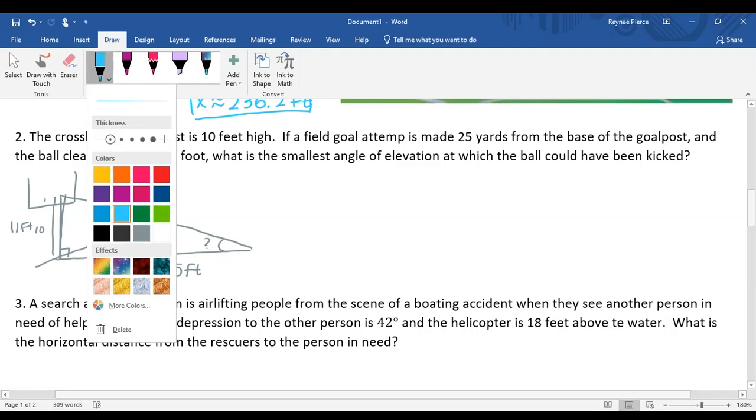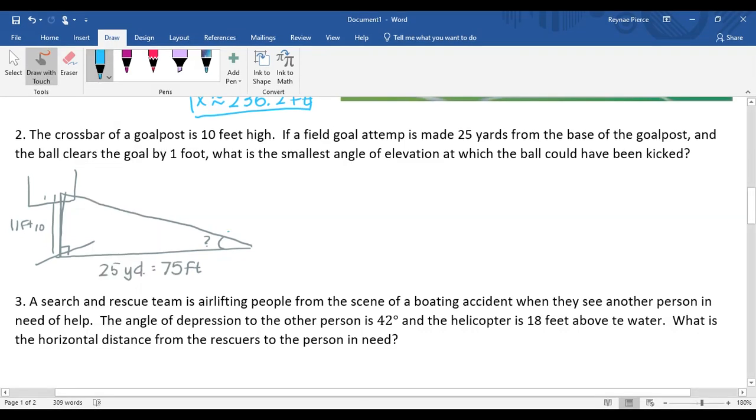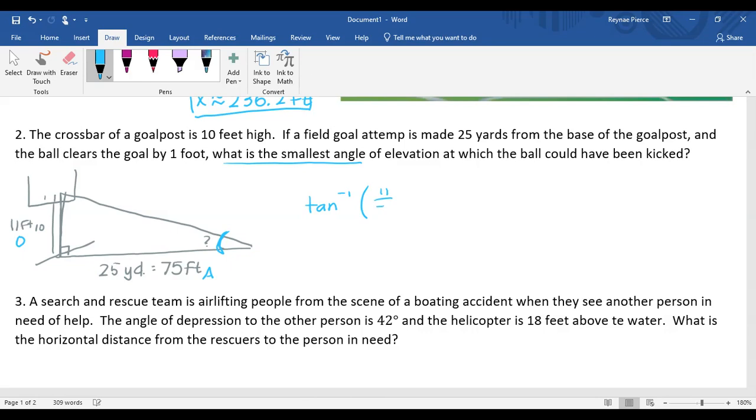So again, looking at some trig, here's our reference angle. 11 is opposite. 75 is adjacent. Since we are trying to find an angle measure, we are going to use the inverse of tangent to find our angle measure.